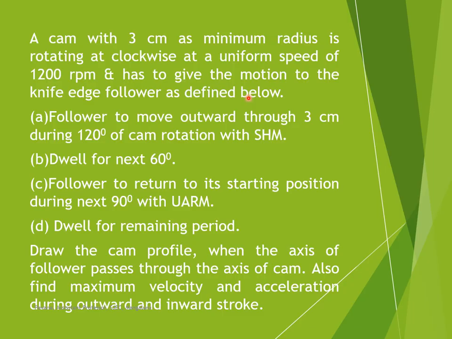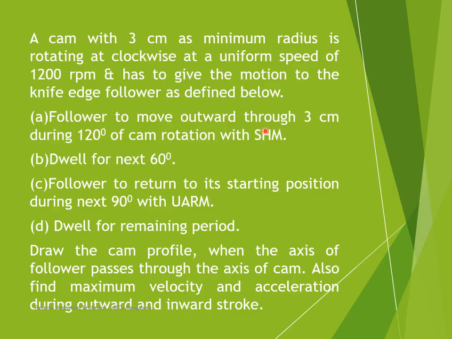So first one, A, follower to move outward through 3 centimeter. What is the meaning of this follower to move outward? The word outward is given with respect to the center of the cam. It is moving outside with respect to the center of the cam.